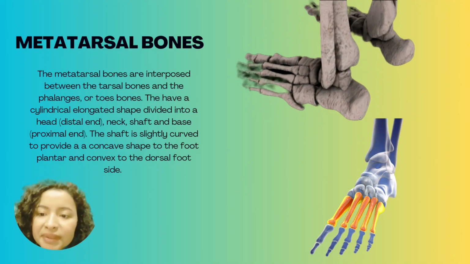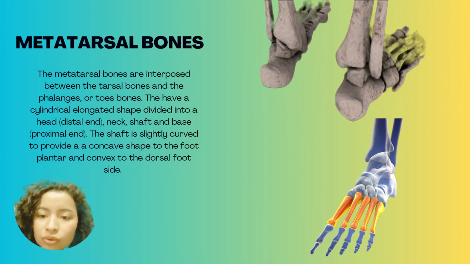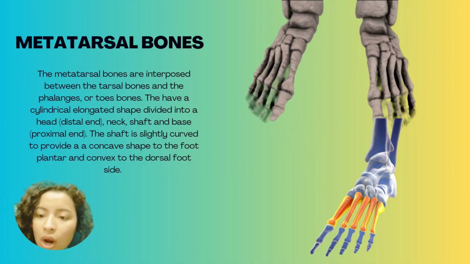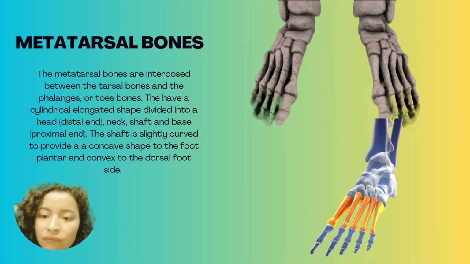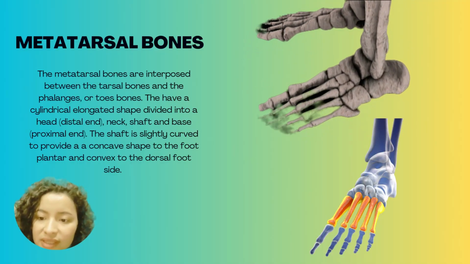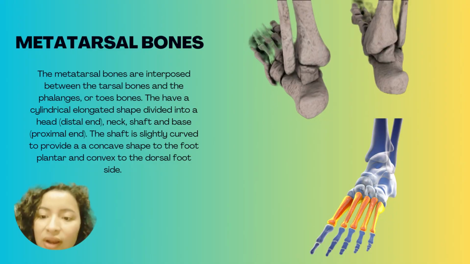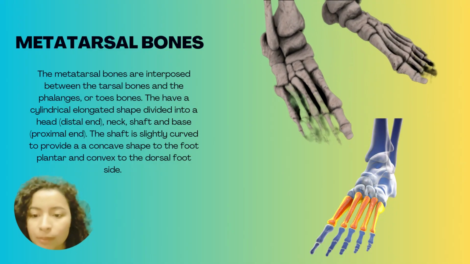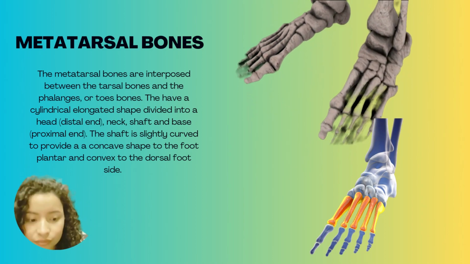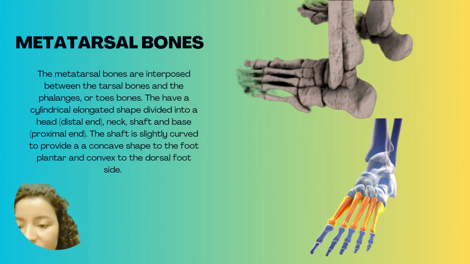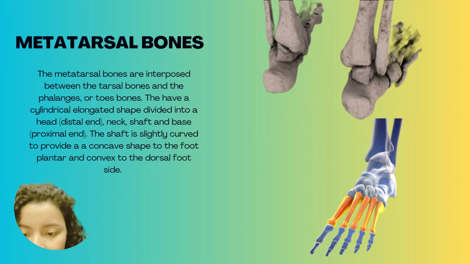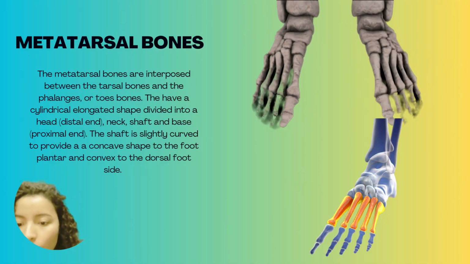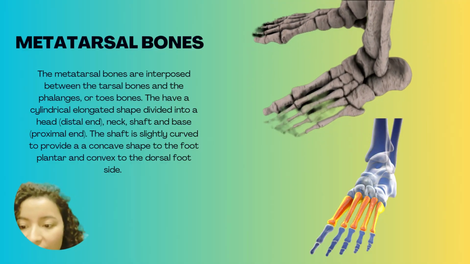The first metatarsal corresponds to the phalanx of the hallux or big toe. The other metatarsal bones follow sequentially with the second, third, fourth, and fifth in continuity with the corresponding proximal phalanges and toes. Each metatarsal articulates with at least one tarsal bone of the midfoot, whereas the metatarsal heads articulate with proximal phalanges.